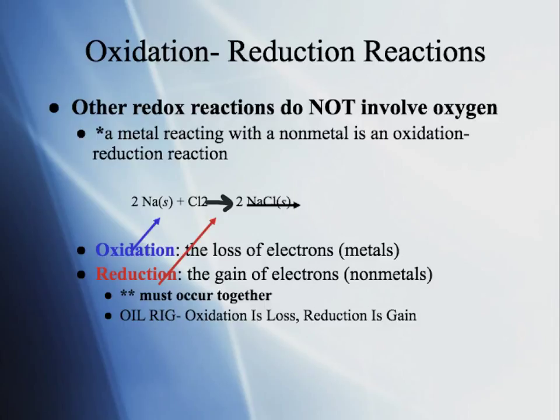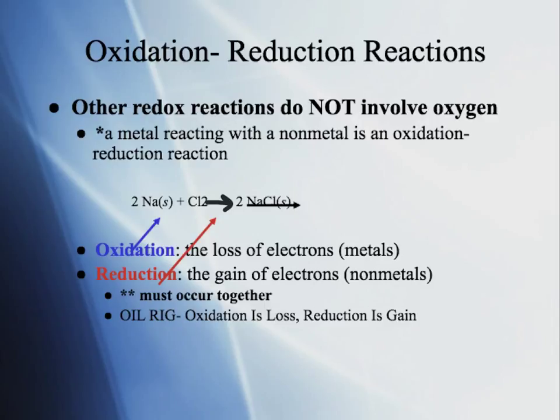You never knew that before. We didn't throw that at you in regular chemistry because we didn't want to confuse you any more than regular chemistry was already confusing. Anytime you hook up a metal with a nonmetal on your periodic table, you're doing an oxidation reduction reaction, because you're exchanging or transferring electrons, which is exactly the definition we saw on the last slide of an oxidation reduction reaction.